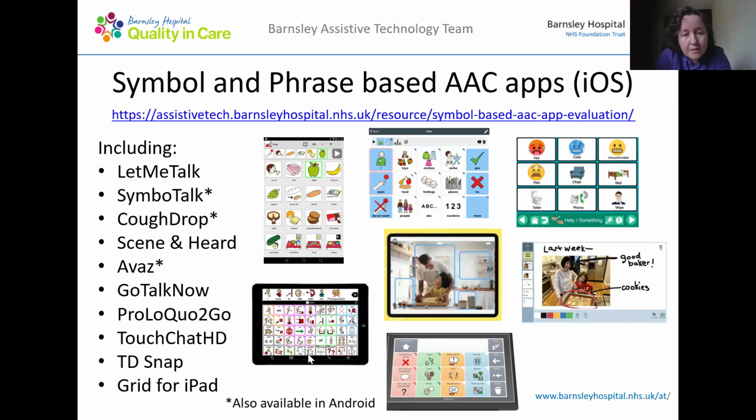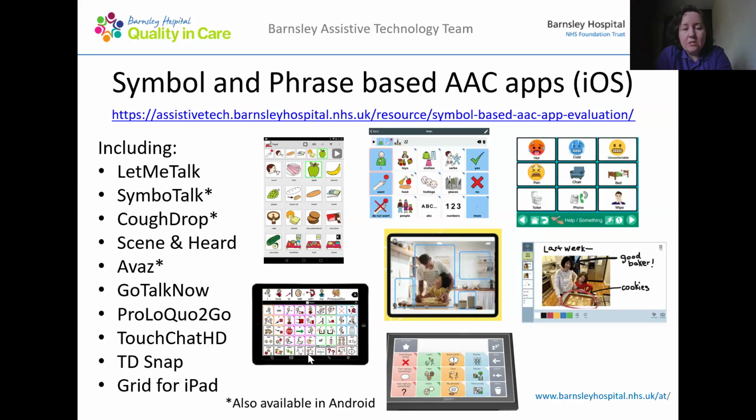You have a few categories, and the person can choose a category and then a word within the category. That can be quite nice for people who just need to communicate a few things, maybe talk about food and family members, and don't want to build whole sentences or communicate about a wide range of topics. So Let Me Talk would enable something like that.